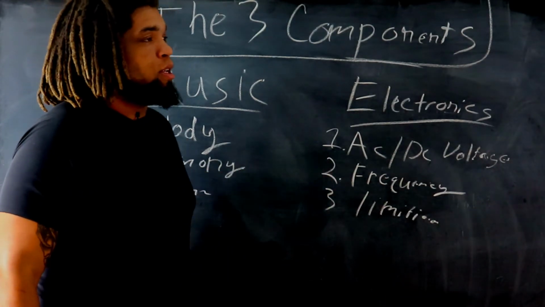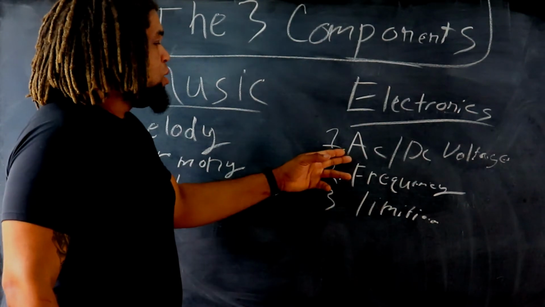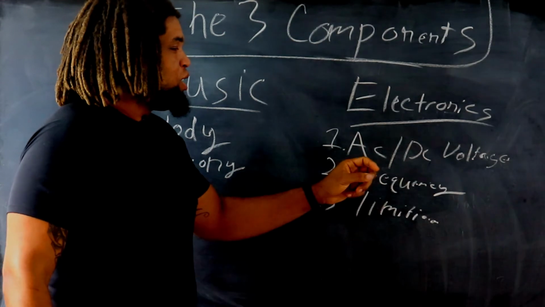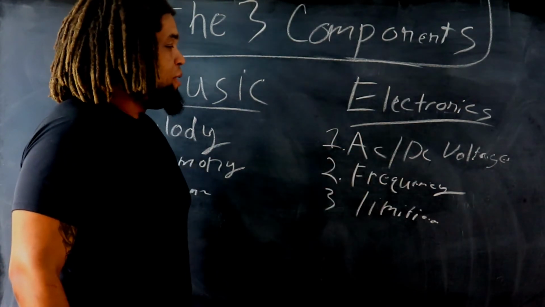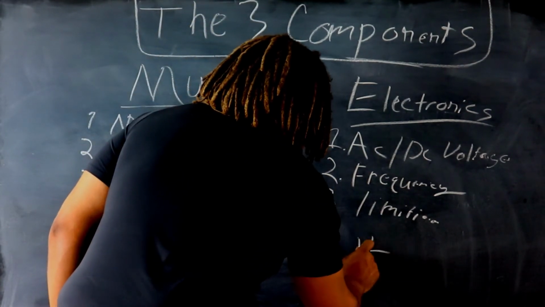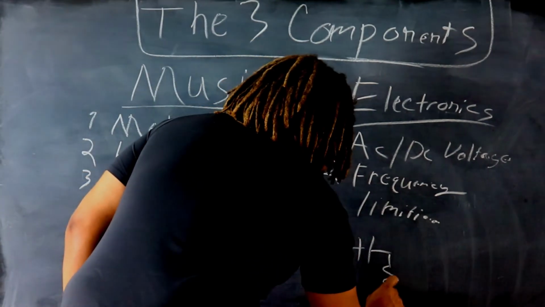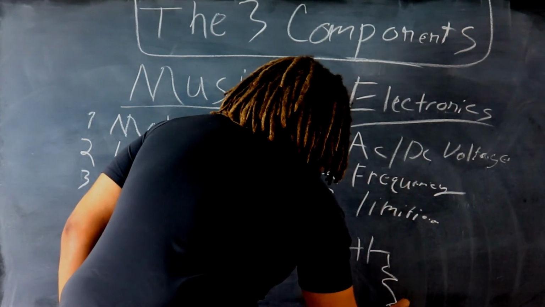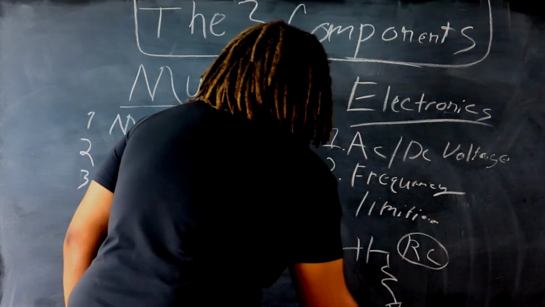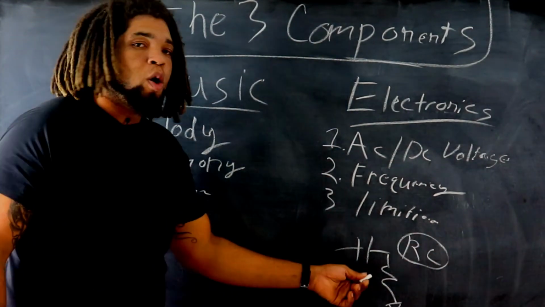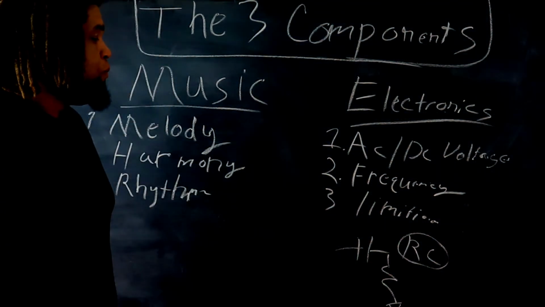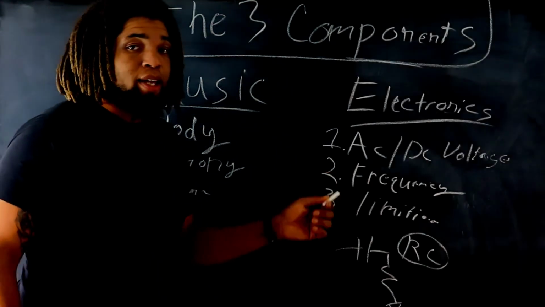So when we're building circuits around the transmission of an AC voltage or a DC voltage, we also have to keep in mind that every capacitor and resistor junction or RC junction will affect the frequency in some way. So we always have to keep track of this.